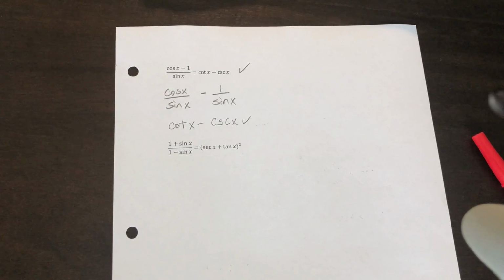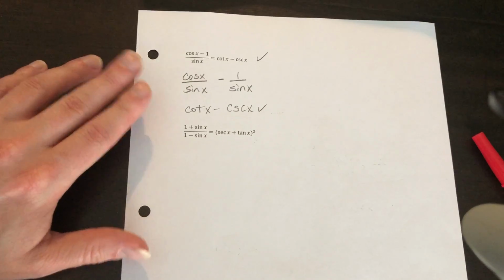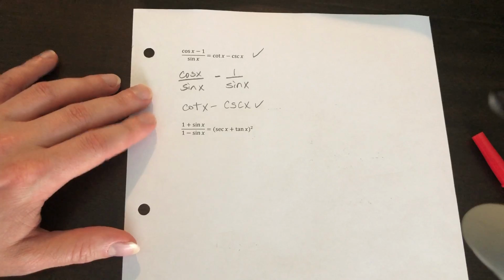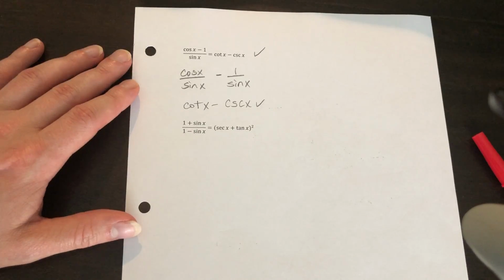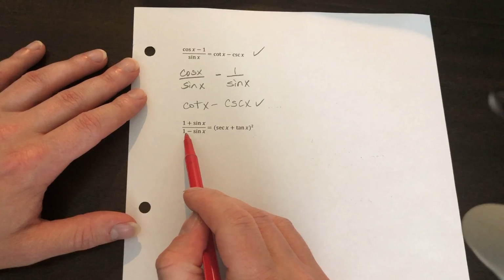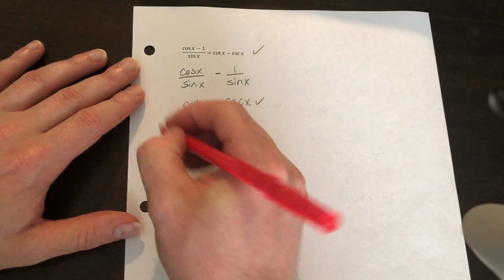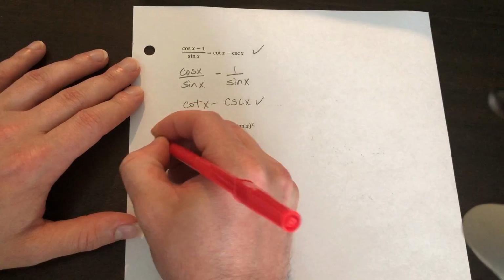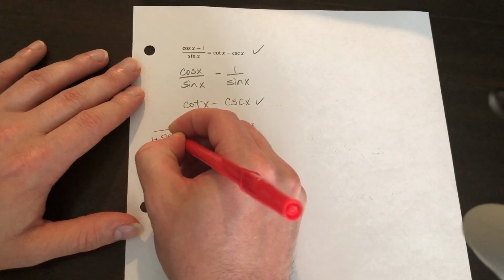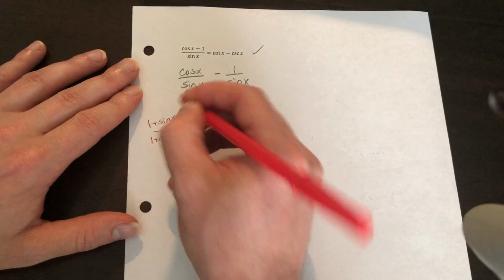Trying to think the best way to do this one. Okay, so I think the best way to do this one is going to be multiplying by a conjugate. If you don't know what a conjugate is, the conjugate of this is going to be 1 plus sine of x. It's the same term, you just change the sign in the middle.